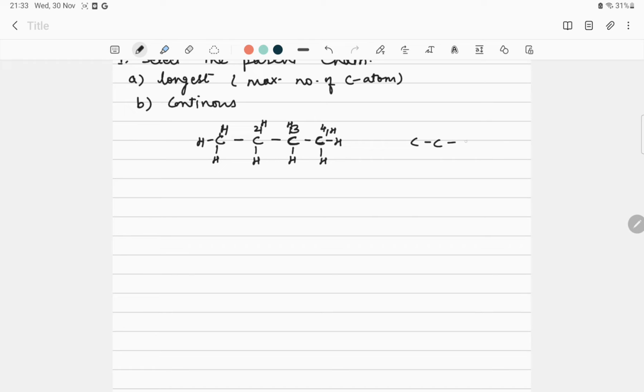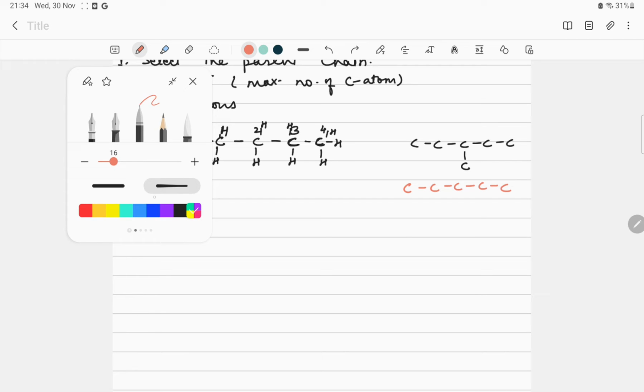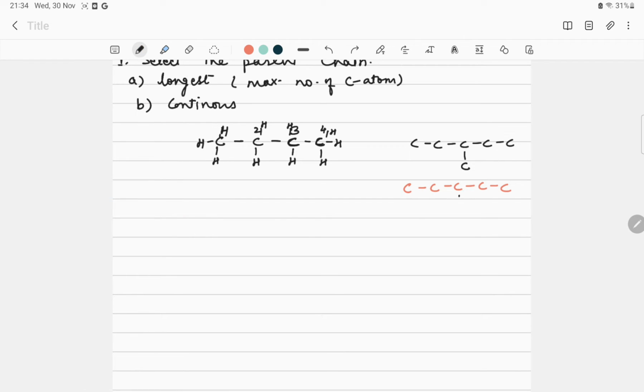Now what if we have this kind of chain? Here you can see the branching is there. One carbon chain which is possible is this. This is the longest chain which is continuous also, containing 5 carbons.